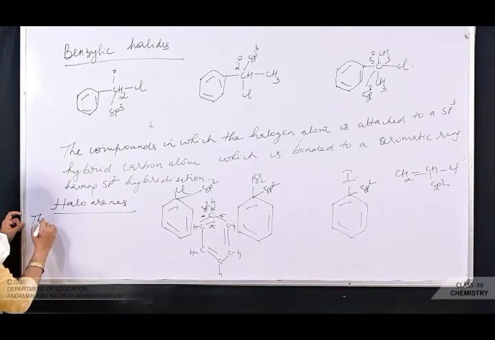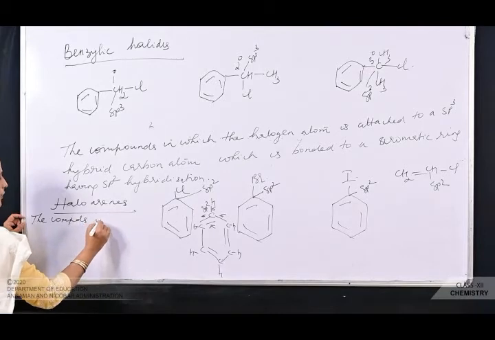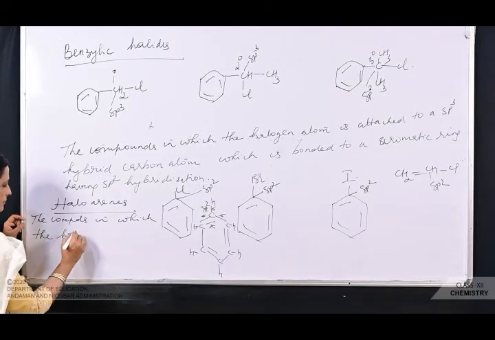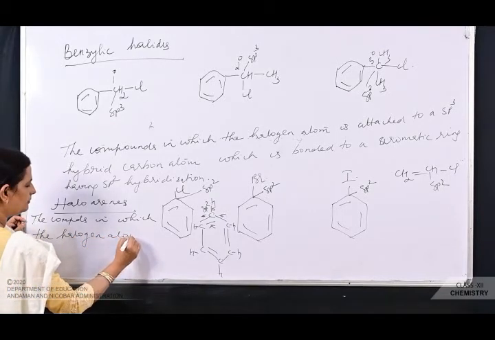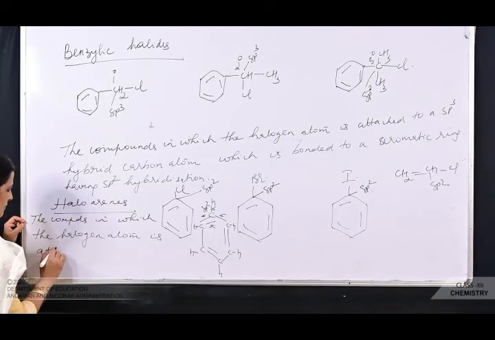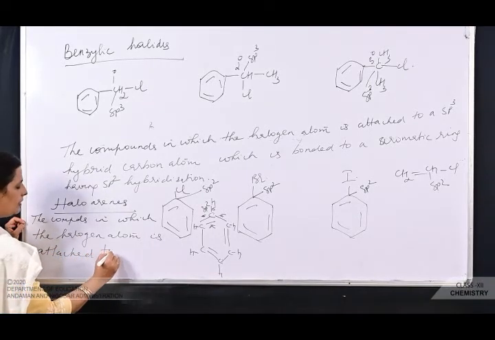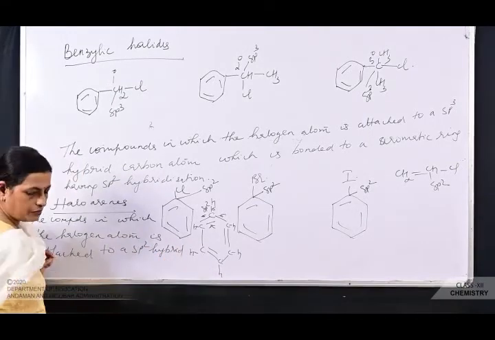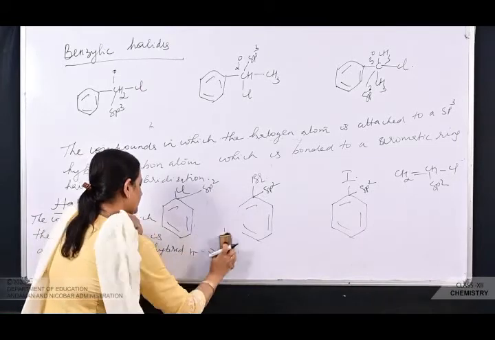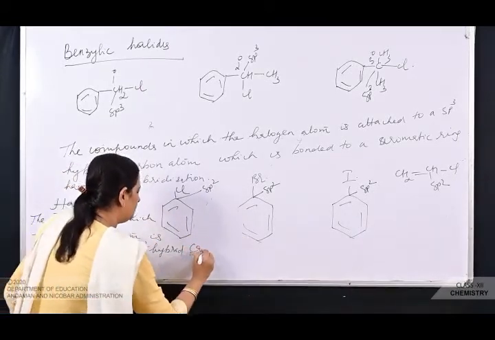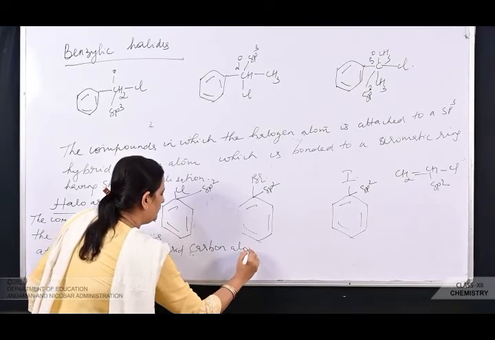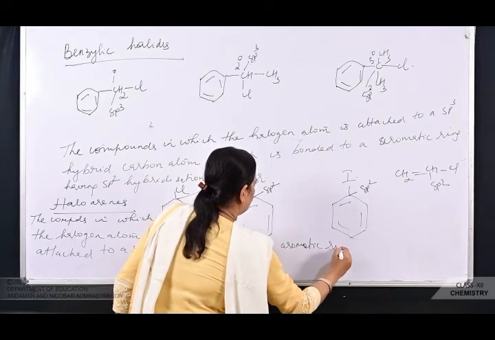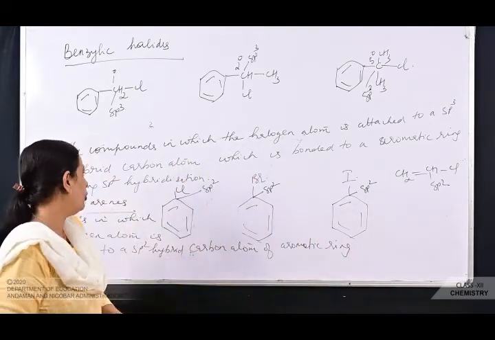The compounds in which the halogen atom is attached to a sp2 hybrid carbon atom of an aromatic ring are known as what?